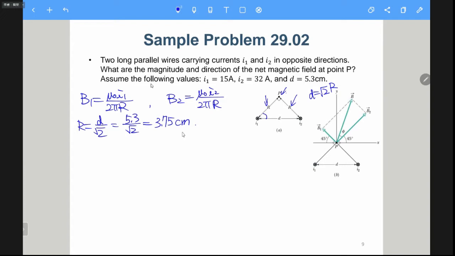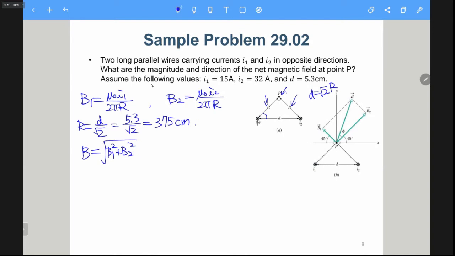Okay, so next, we can actually find the magnitude. The magnitude will be B1 square plus B2 square, and then take the square root. And why will it be like that?